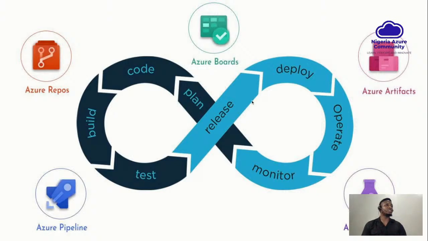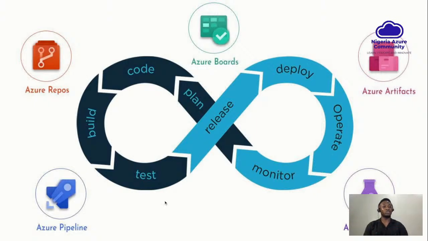Build and release is when we create the artifact: the process of building the software and creating the artifact is called build and release. So when we build, release, and deploy, all of this can be done with Azure Pipelines, as well as the operation and monitoring. Also, we can test with Azure.